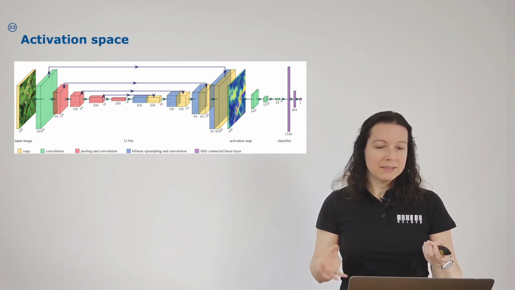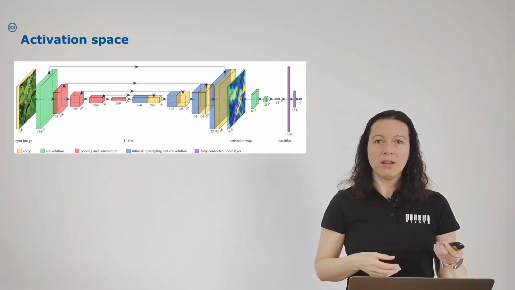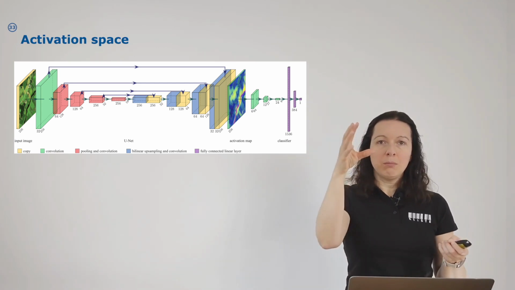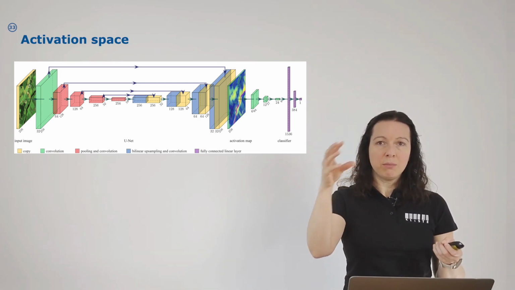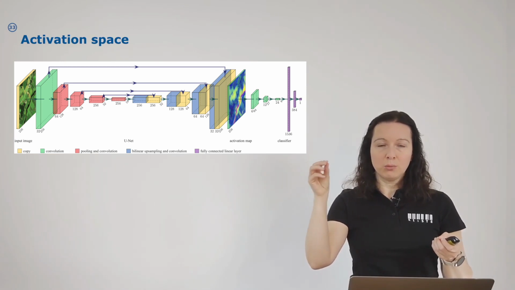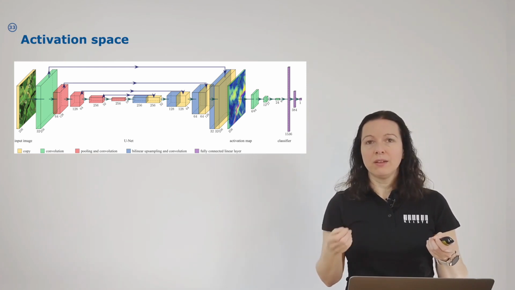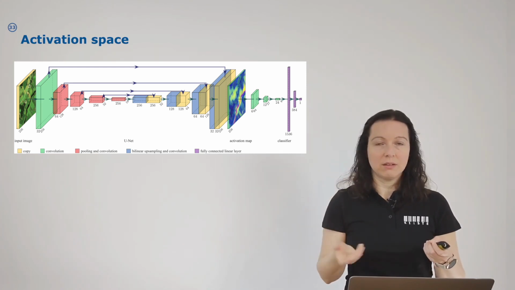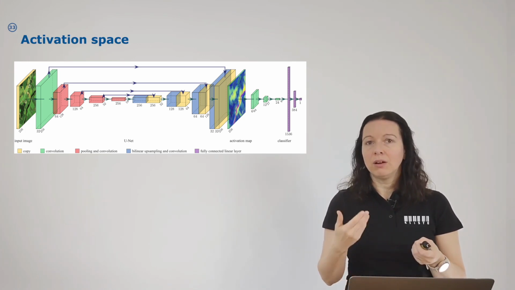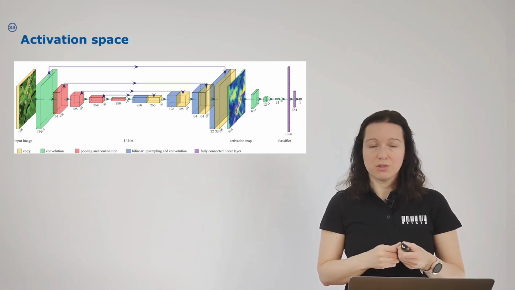So what we have is a UNet, an encoder-decoder network, and then we have these activation maps as an output, and based on these activation maps we have a second decision network. And the decision network gives one output, which is a wilderness score. So how much wilderness does the image contain, or what is the score of this wilderness in the image.